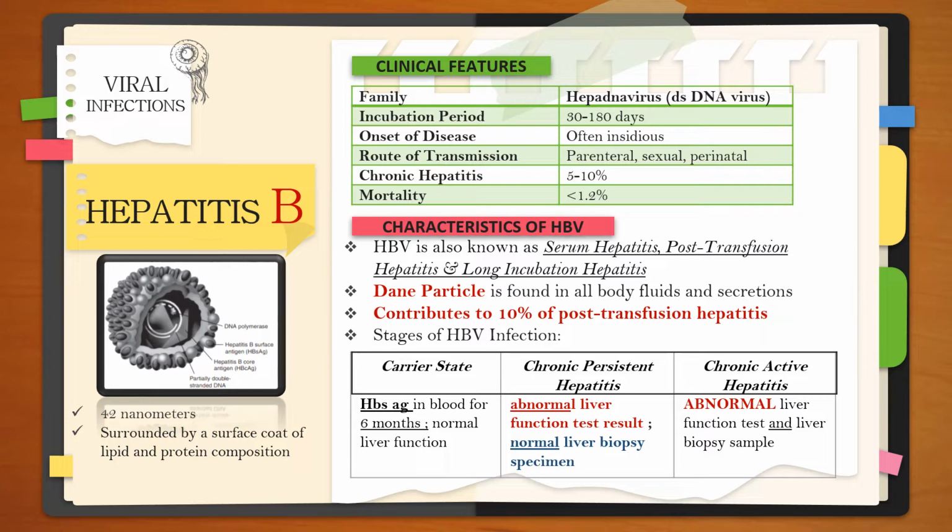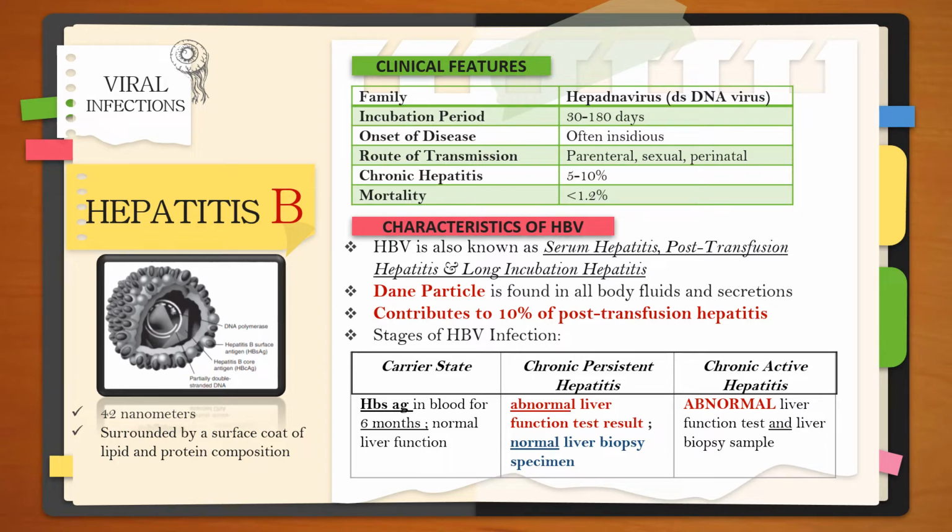Hepatitis B actually contributes to 10% of the post-transfusion hepatitis recorded in our medical literature. Other than long incubation hepatitis, HBV infection is also termed serum hepatitis and post-transfusion hepatitis.